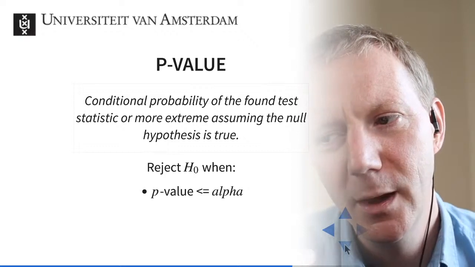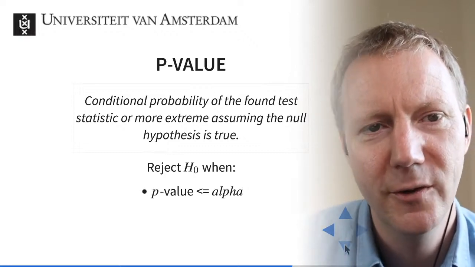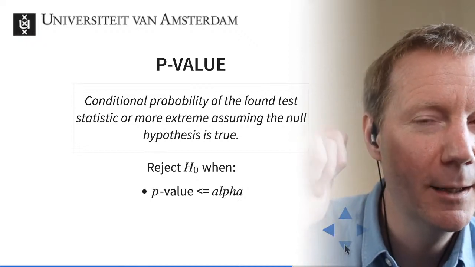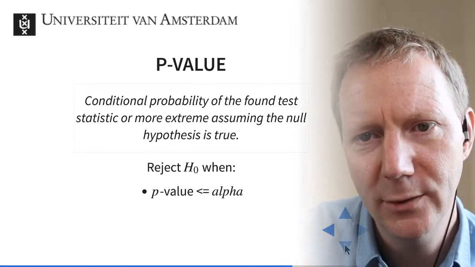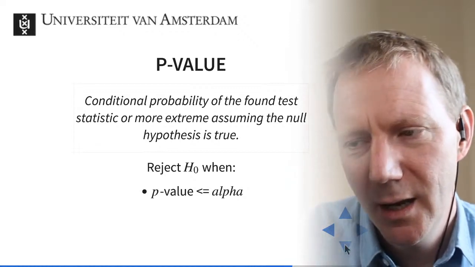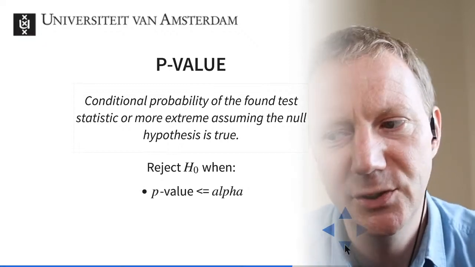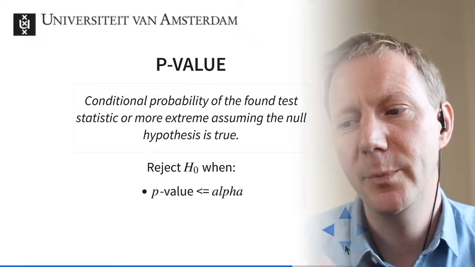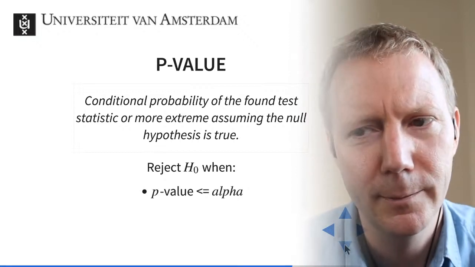It's the probability of finding this test statistic or more extreme, and in our case it's finding 2 times head or more extreme to the outskirts, assuming that the null hypothesis is true. We reject the null hypothesis if the p-value is lower or equal to alpha.